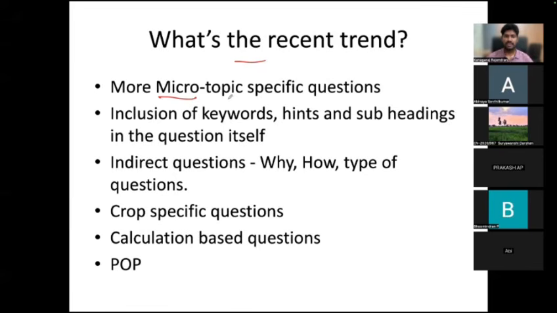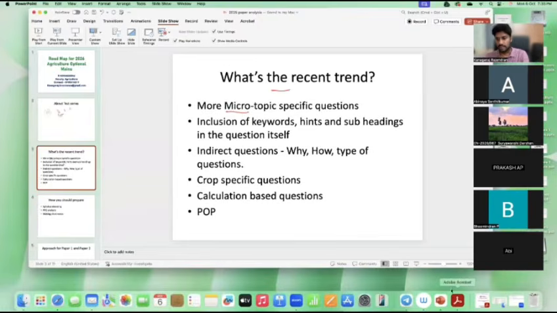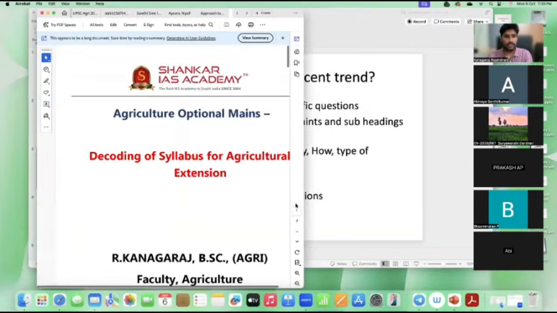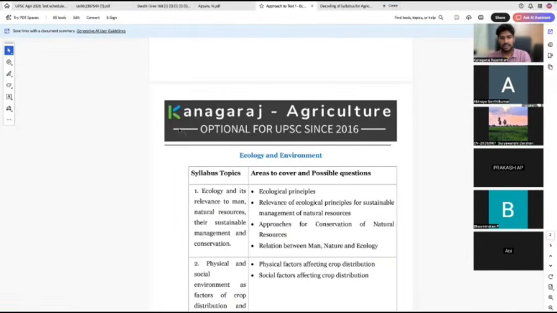So for that, we have to decode the entire syllabus. In our test series, before every test, I will provide a detailed decoding of the syllabus. For example, our first test is related to ecology and environment science and cropping system.